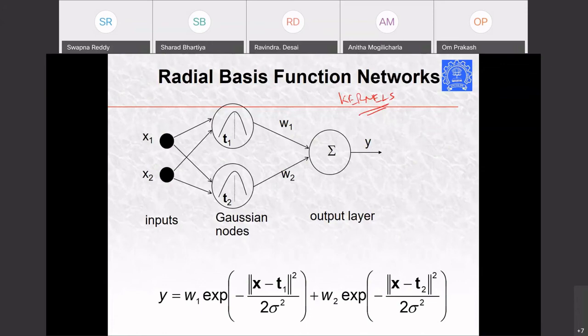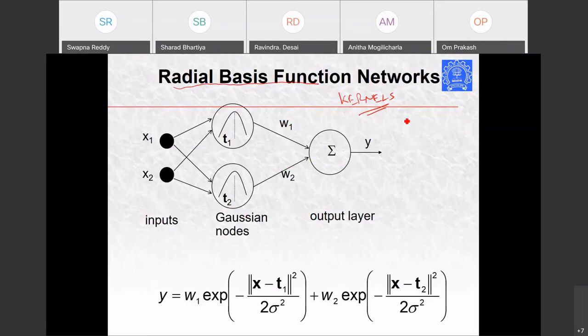A very different approach, which also emerged in the 1980s and early 90s. The backpropagation neural network was proposed in the 1980s, the multi-layer backpropagation neural network. Now, an example of the other approach is of course a radial basis function neural network. I'll just show you the difference.